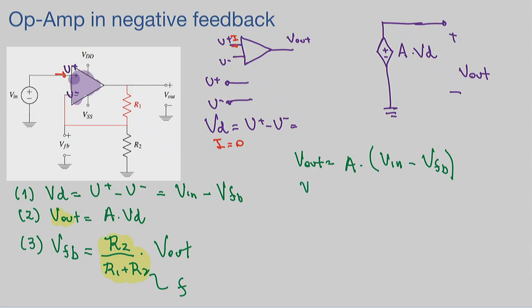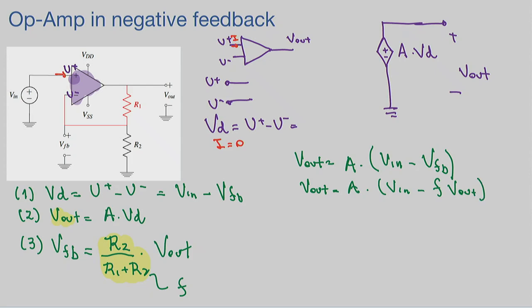So V out is equal to amplification times V in minus, what's V feedback? V feedback is our function F times V out.